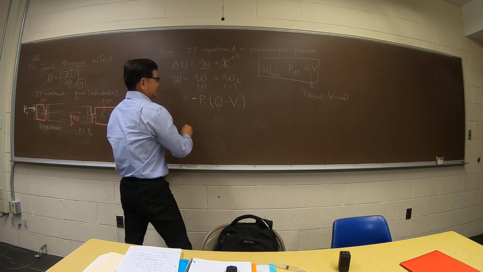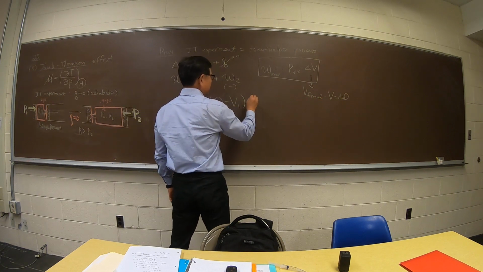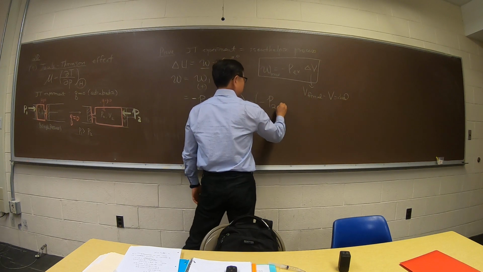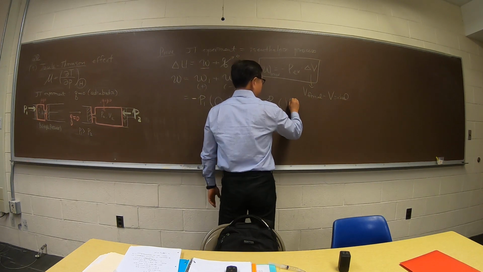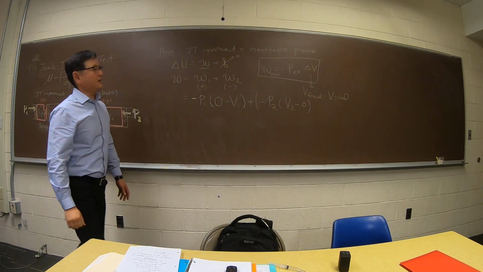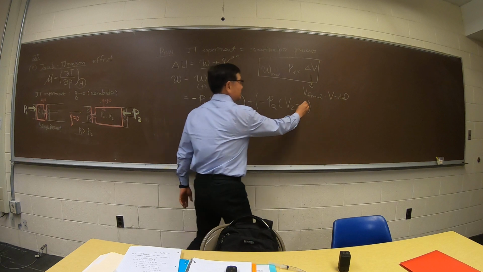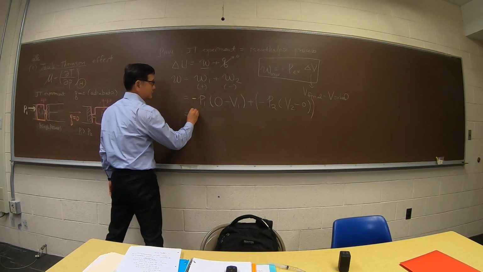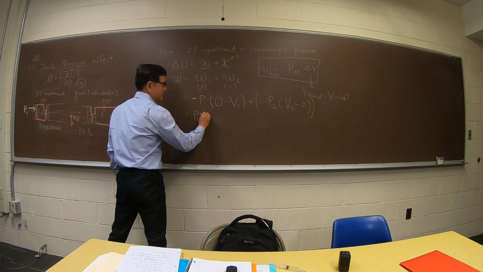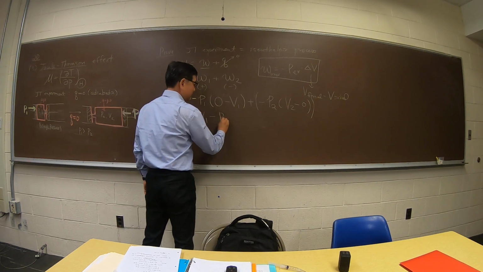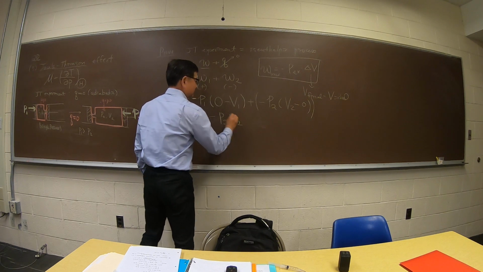So this one by itself is defined as it is. And the second portion is minus P2. Your final volume is V2 minus 0. Right? Your initial volume was nothing. So just put a sign like this. So this one naturally comes to P1 V1 minus P2 V2.